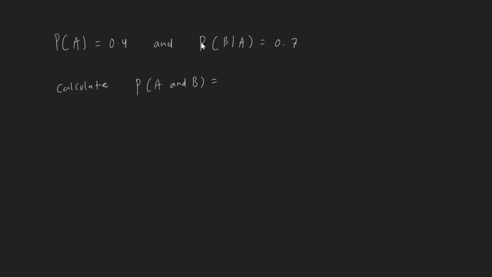Calculate probability of A and B. If they give me probability of A and probability of B given A, I go back to this famous equation: probability of A, which is 0.4, times 0.7. Yes, you are correct.